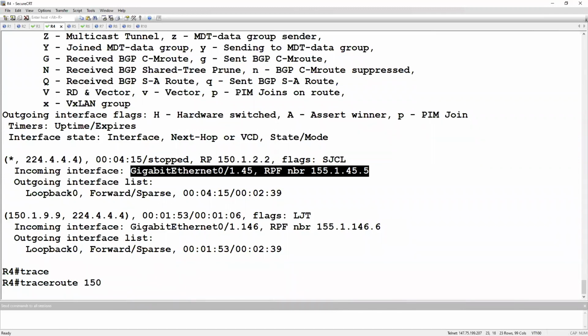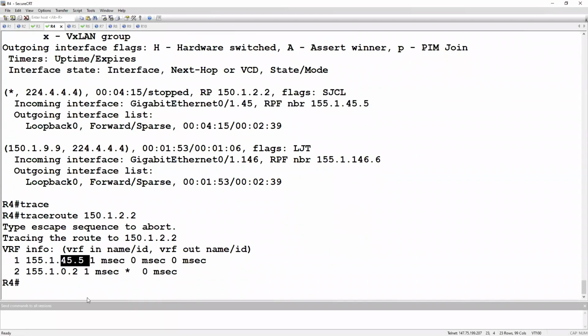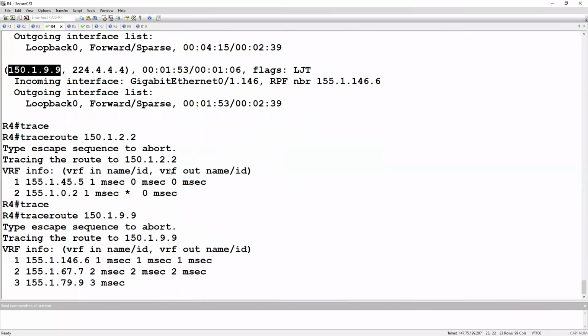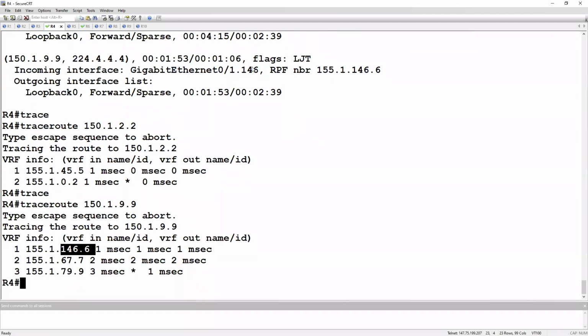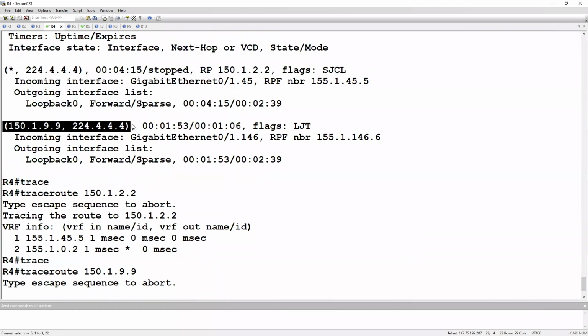So we trace 150.1.2.2, we're going out that interface 45. But if we trace back to the sender, 150.1.9.9, we're going out towards router 6, 146.1.6. That's why it's the reverse path neighbor for the actual feed.